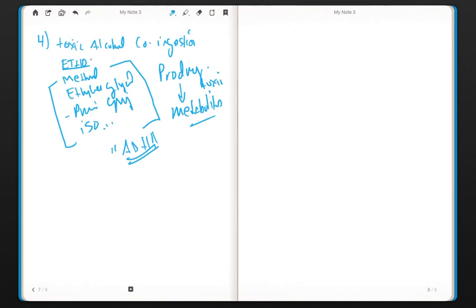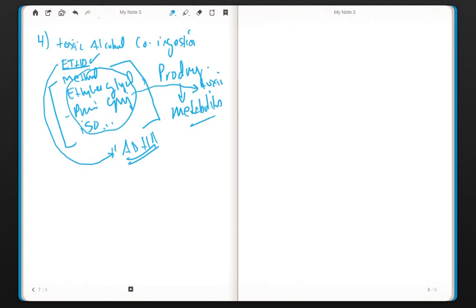Additionally, we used to use ethanol to treat toxic alcohols because ethanol is also metabolized by ADH, and if we can give enough ethanol to compete for the action of ADH, then these may not be metabolized as aggressively to their toxic metabolites. But fomepizole tends to be what we run into. Anyway, the question is, does the information support toxic alcohol co-ingestion?